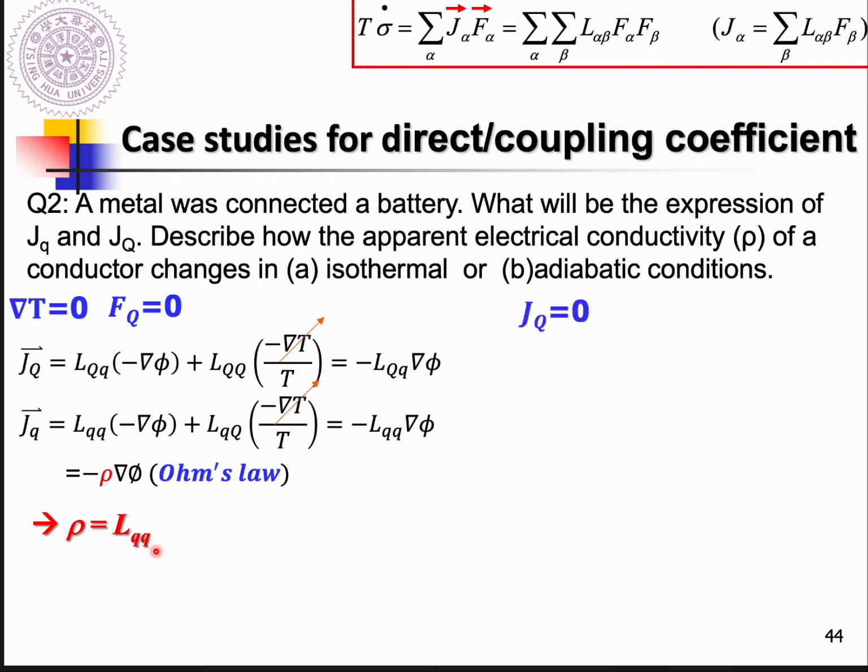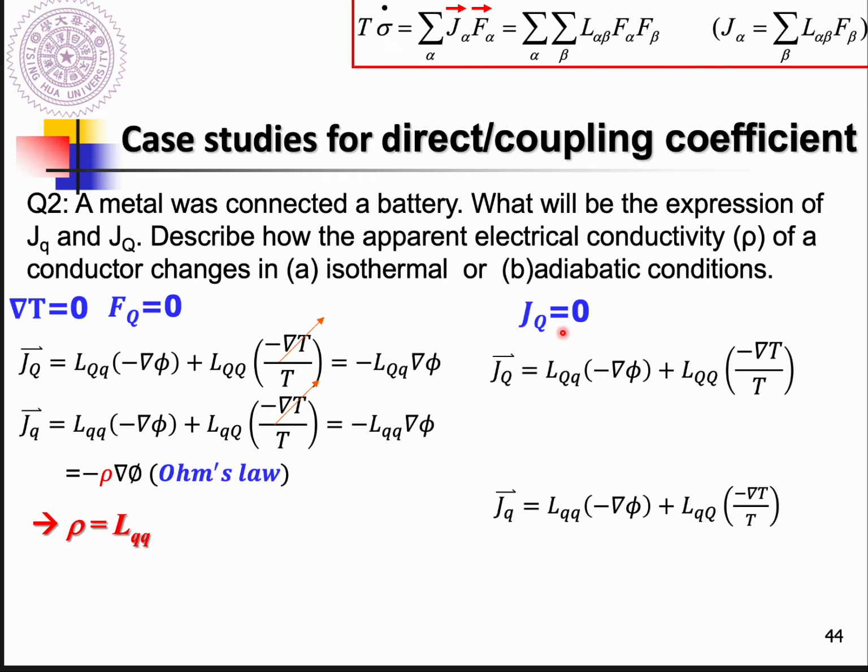And question B will be under the adiabatic condition. What are adiabatic conditions, as you learned in thermodynamics? It tells you the heat flux equals 0, right? So the purpose here is that we are going to use Ohm's law to get the apparent electrical conductivity.